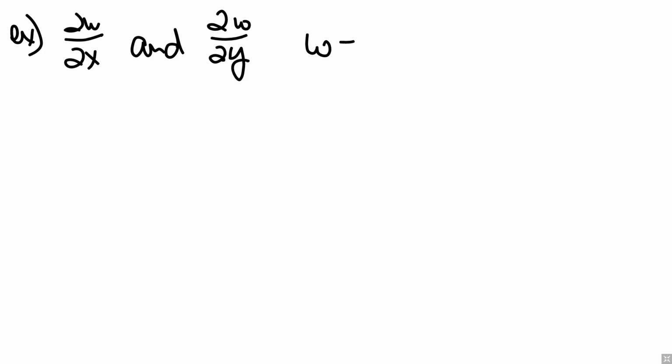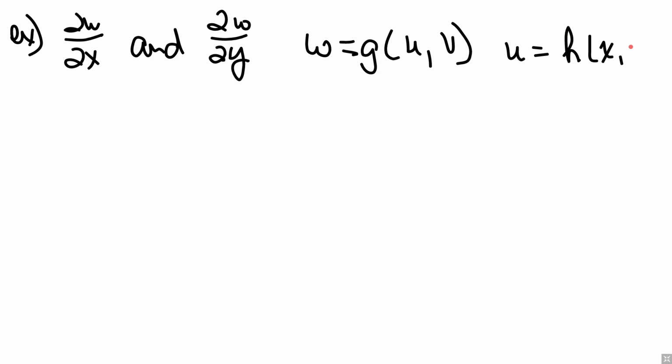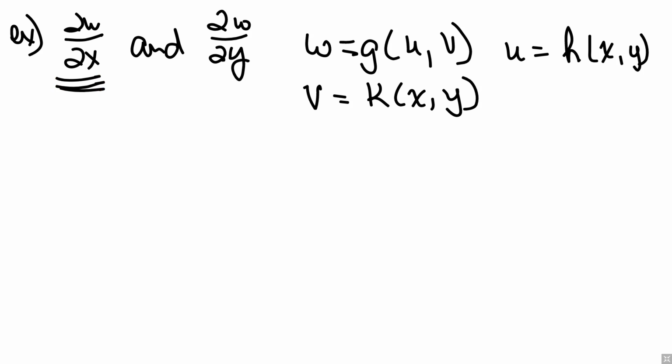We're told that w is equal to g of u v, u is equal to h of x y, and v is equal to k of x y. Let's do the tree diagram for the partial of w with respect to x.